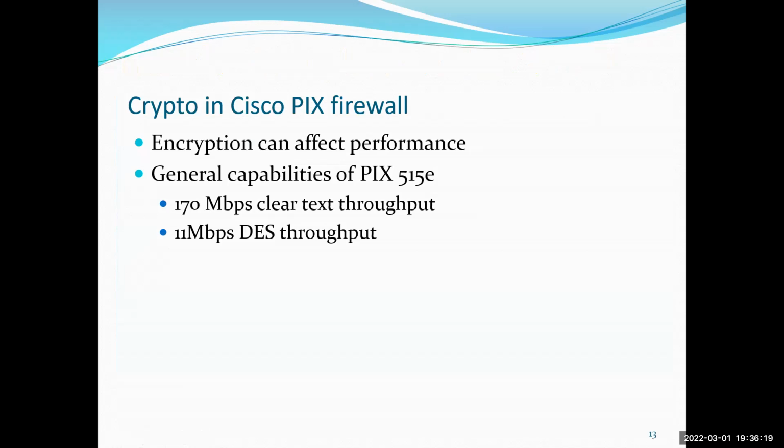The crypto: as you know from 350, you remember that when you encrypt something, it's actually slower, right? It's going to affect performance. That's really why I have this in here, to remind you of that. The protocols, you can play with them.